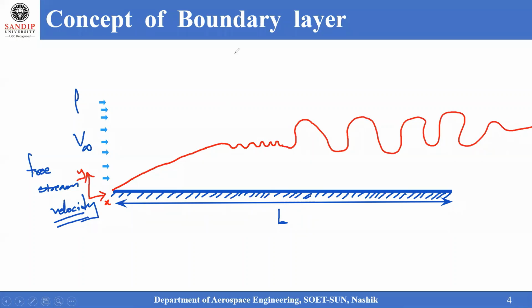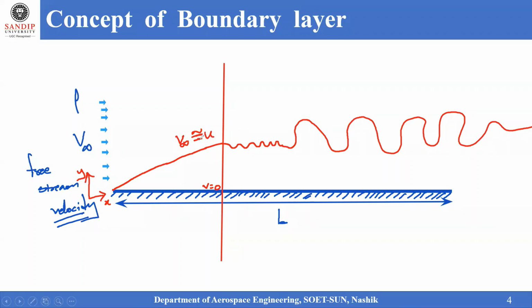Now the question comes, what has happened? Although at the surface the velocity has become zero, the fluid was moving along the y direction. If the velocity available here is u, then V infinity is approximately equal to u.